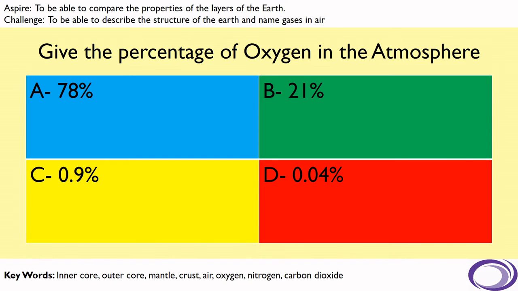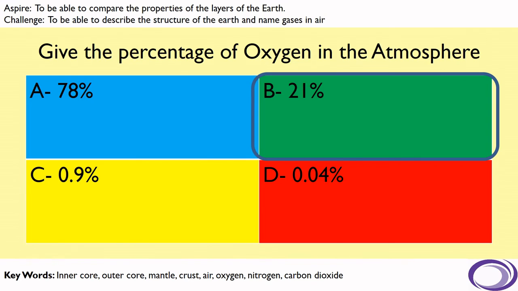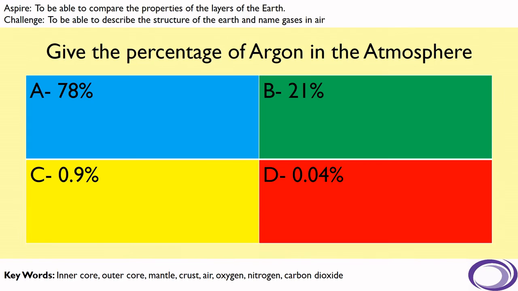Give the percentage of oxygen in the atmosphere. Your options are A, 78%, B, 21%, C, 0.9%, and D, 0.04%. And the answer is B, 21%.